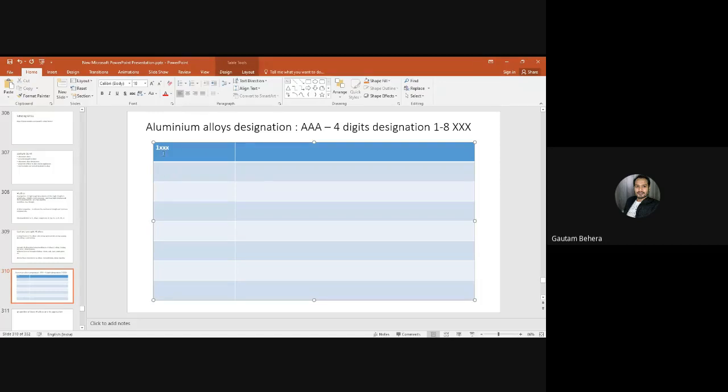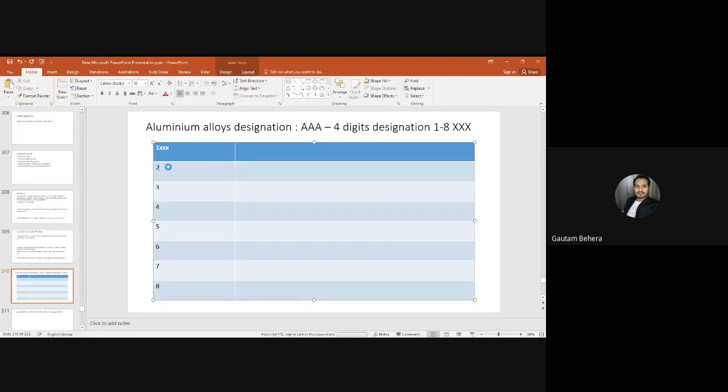Similarly, I can copy this and write 2, 3, 4, 5, 6, 7, 8.